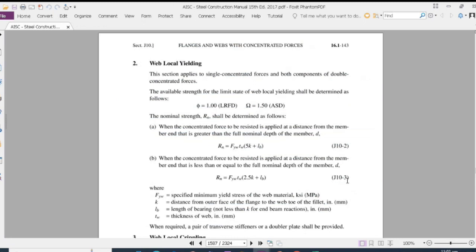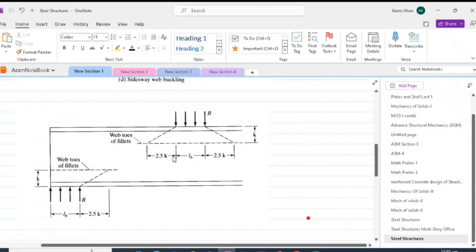J10-2 and J10-3. In these expressions, Fyw is the yield strength of web in KSI, tw is the thickness of the web, k is the distance from the outer edge of the flange to the web toe of the fillet, and lb is the length of bearing in inches.